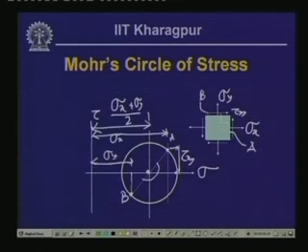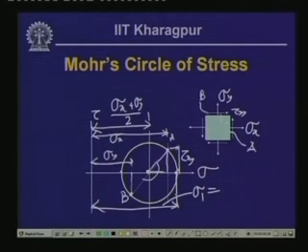This is the plane where the maximum normal stress acts, and this is the plane where the minimum normal stress acts. From this diagram we can observe that the maximum normal stress, which we generally denote as sigma 1, is nothing but the distance from the origin to the center plus the radius. So, this is sigma x plus sigma y by 2, and this is the radius, which equals the hypotenuse, the square root of this square plus this square.